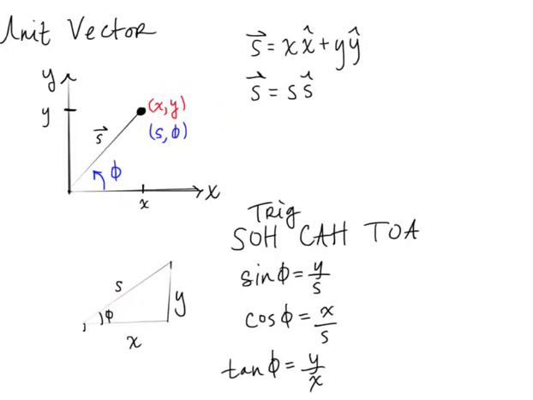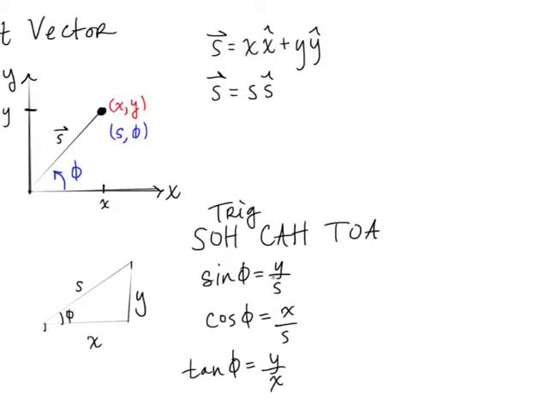So from here, we have related s, y and x. Now we can use these to solve for the individual components, which is important when we're trying to write s from Cartesian to polar.